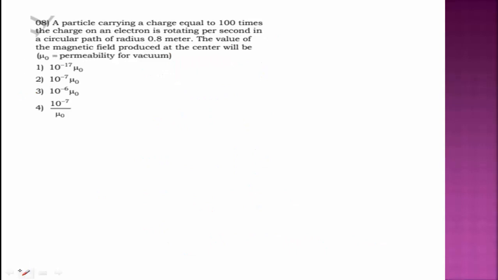A particle carrying a charge equal to 100 times the charge on an electron is rotating per second in a circular path of radius 0.8 meter. The value of magnetic field produced at the center will be, mu naught is the permeability of vacuum.